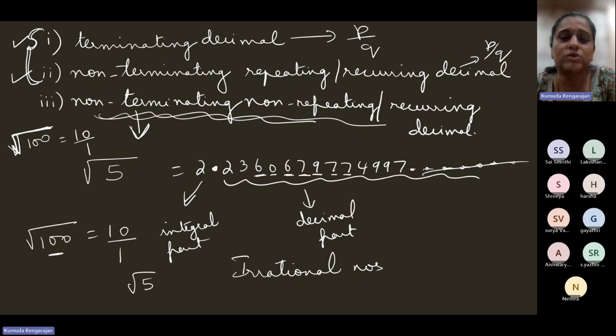When we perform the long division process, the quotient can be a terminating decimal or a non-terminating repeating decimal. But non-terminating, non-repeating decimals are not results of the long division process. They are the values of the square root of an imperfect square, the cube root of an imperfect cube.